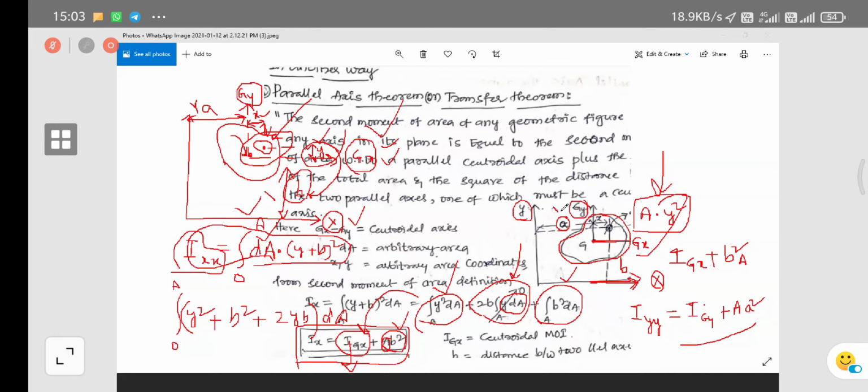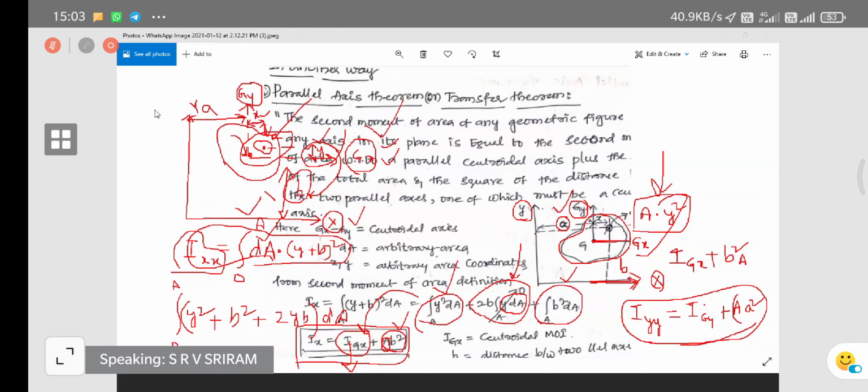A is the distance between these two parallel axes, and if you multiply it with your area, it gives the total moment of inertia about the y axis. Okay, so this is the parallel axis theorem.